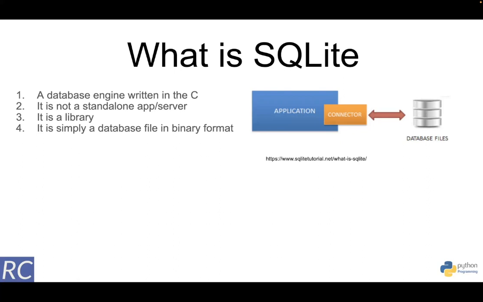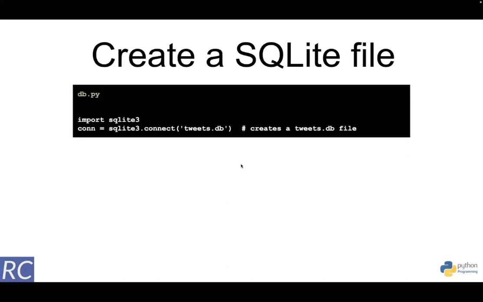The application here is actually the Twitter application that we are writing. And the connector is the sqlite3 library that's built into Python. So we don't have to install any extra package to use SQLite. It's already baked into the Python library, so we can just import sqlite3 and we should be good to go. We'll see in the next slide how we create a SQLite file.